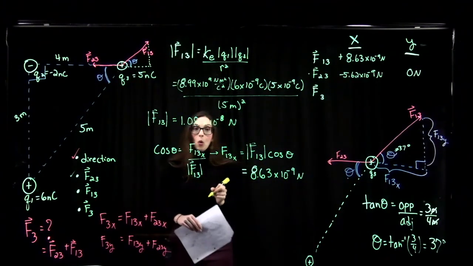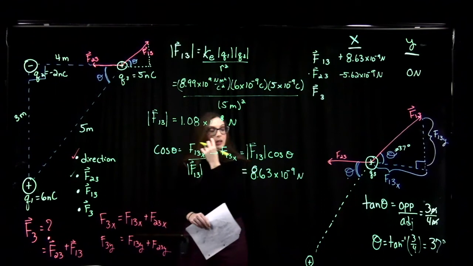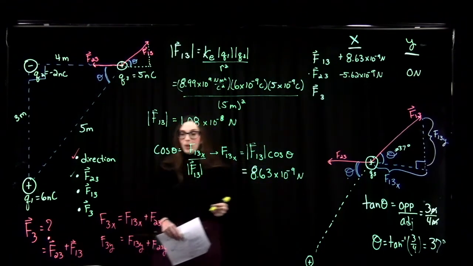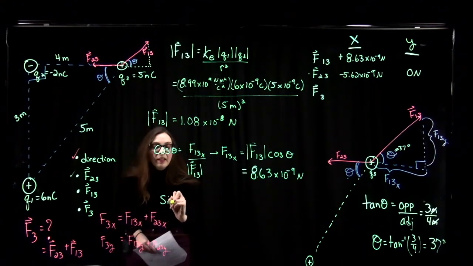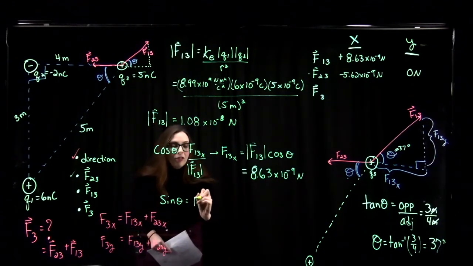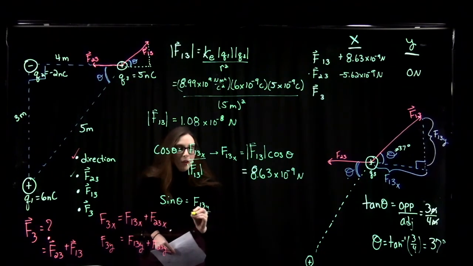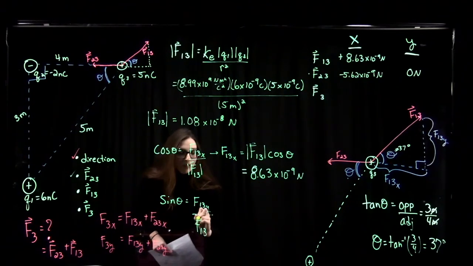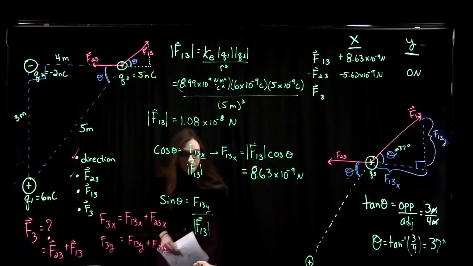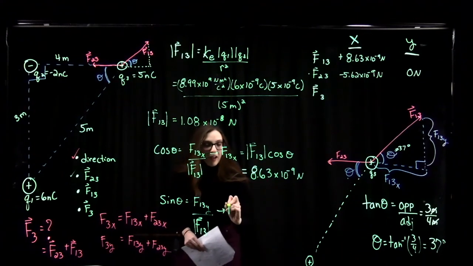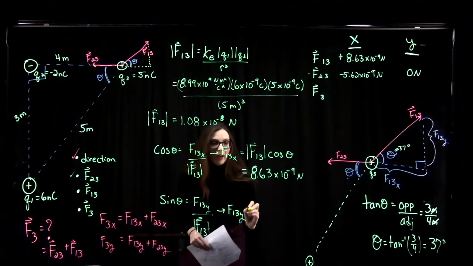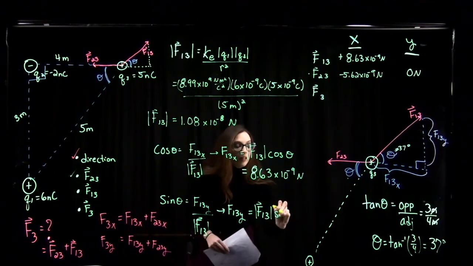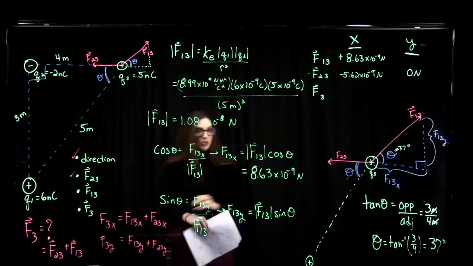Then for the y component of F13, we did cosine for the x component, so we can do sine for the y component. Sine theta equals F13y over the magnitude of F13. So F13y equals the magnitude of F13 times sine of my angle theta, which is 37 degrees.